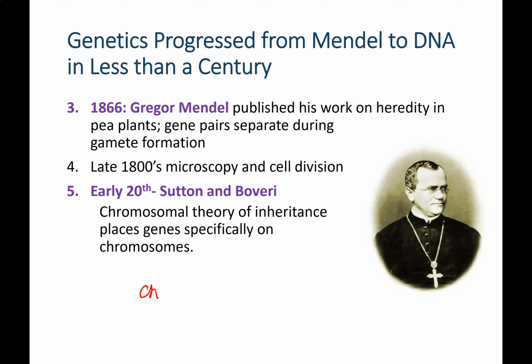Anyway, sorry about that. Pretty much about the same time as Charles Darwin, a man named Gregor Mendel was working on looking at heredity in pea plants. Gregor Mendel was sort of dubbed the grandfather of genetics because he was the first person to really record some patterns of inheritance.